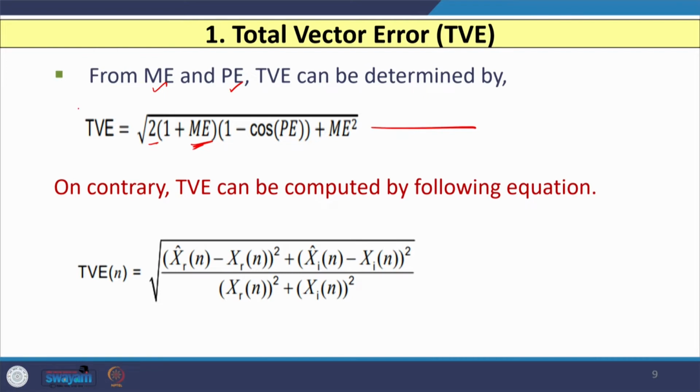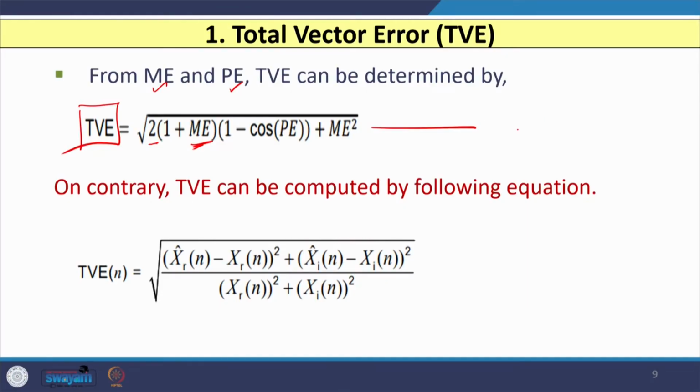So, if I wish to calculate the total vector error in a PMU, I first calculate the magnitude error, then the phase error, and based on these, using this equation, we can calculate the total vector error.